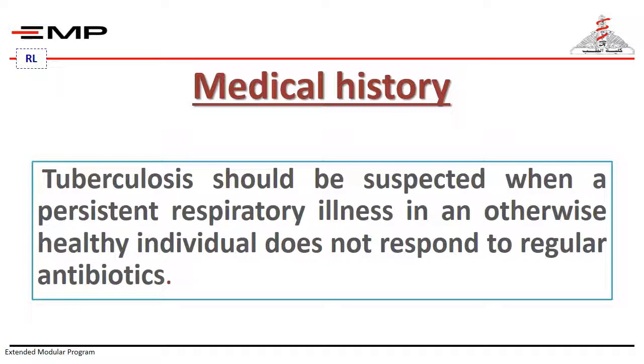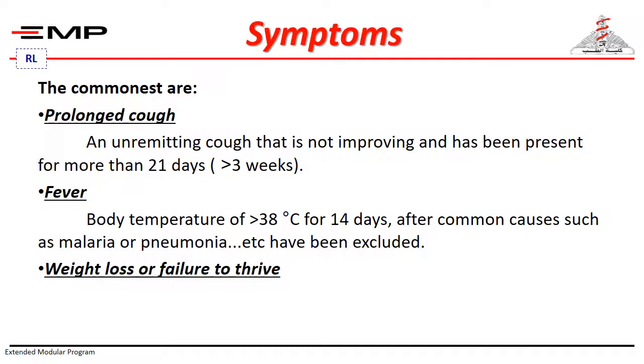So, I will start by taking an adequate medical history. Tuberculosis should be suspected when a persistent respiratory illness in an otherwise healthy individual does not respond to regular antibiotics. This is the pearl for tuberculosis to be diagnosed. What about these respiratory symptoms?